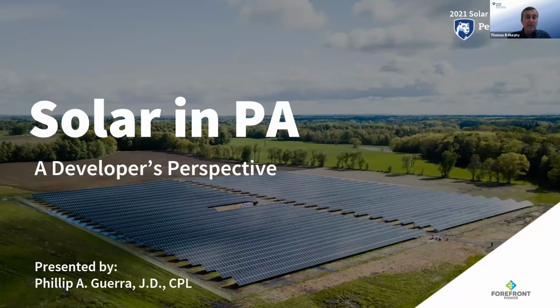And we'll define those here in just a moment, and we'll talk more about the difference between them. But again, what we're trying to do is talk about what are some of the considerations to make a project when we're talking about these large solar projects in Pennsylvania. What makes them commercially viable? What are the different details that a developer looks at when they're looking at putting this actually on the ground?